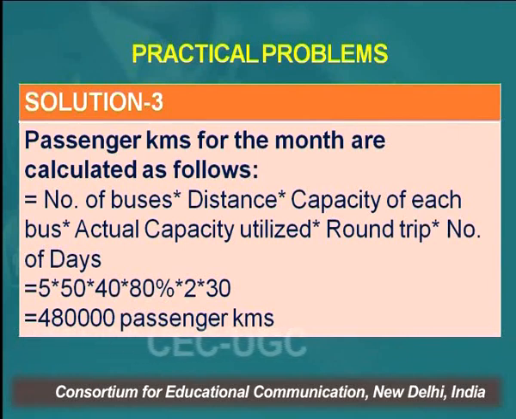The 40 is the seating capacity of the bus into 80%, which means 32. So you may say 5 into 40 into 32, into 2 into 30. Why have I said 2? 50 kilometers is the one way distance, so coming back the trip becomes 100 kilometers. I could have directly said 100, or you say 2. Into 30 days, because the bus operates for 30 days. So that comes to 4,80,000 passenger kilometers.